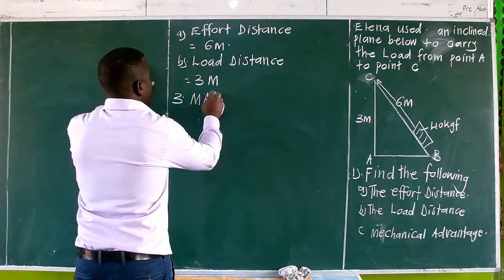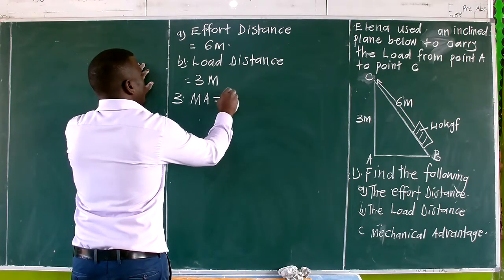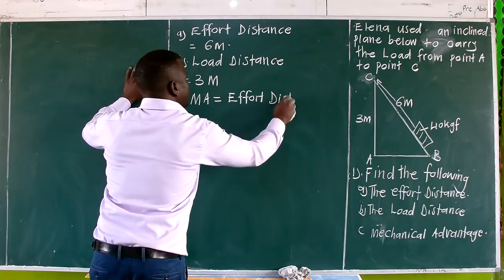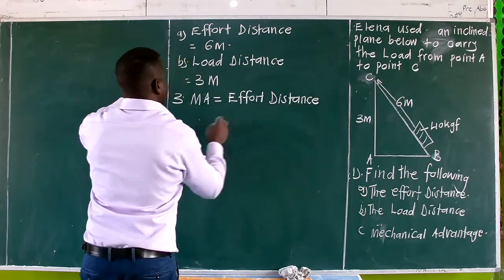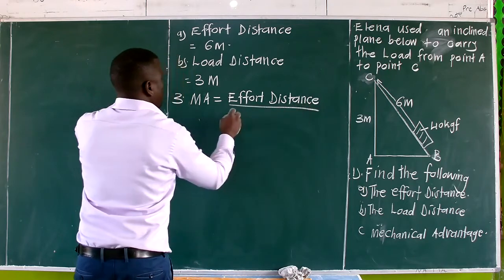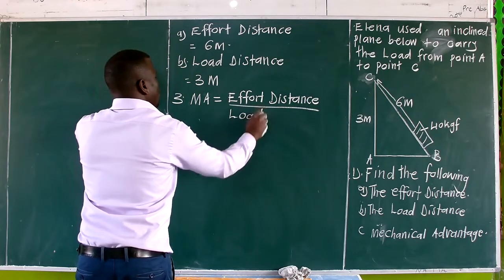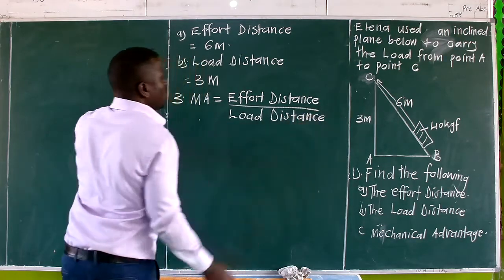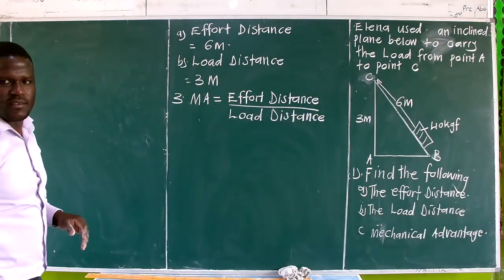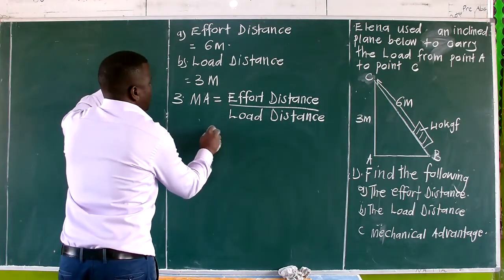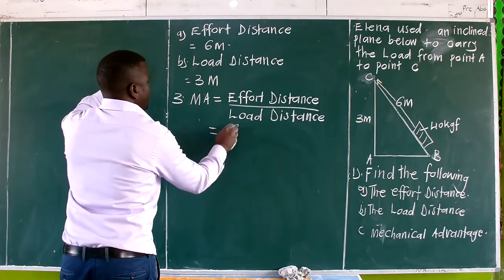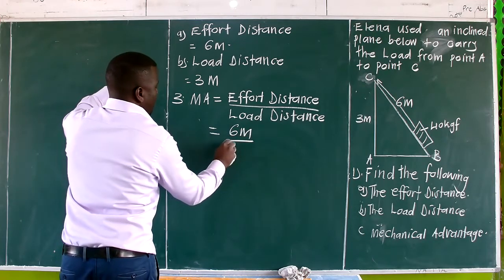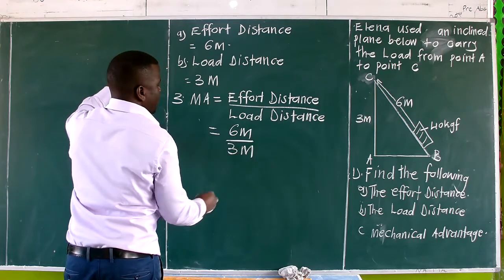So we shall say mechanical advantage equals effort distance out of load distance. So our effort distance is 6 meters and our load distance is 3 meters.